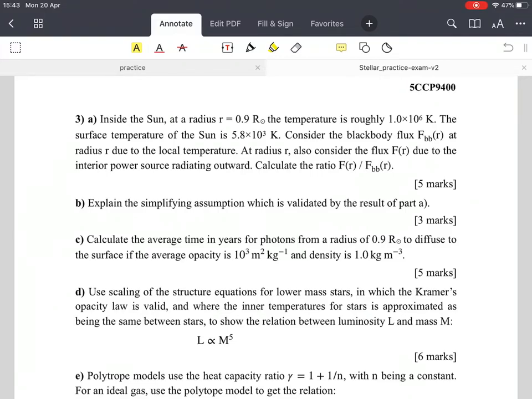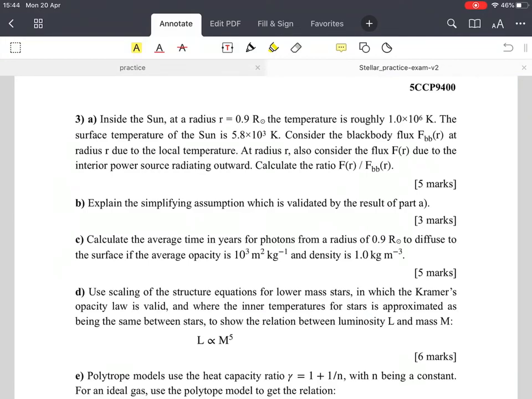What we mean there is that we saw when you have an ideal gas that's at a certain temperature and it acts as a black body, we know that this flux is equal to sigma times T to the 4th power, the Stefan-Boltzmann law, and that's what we're talking about.